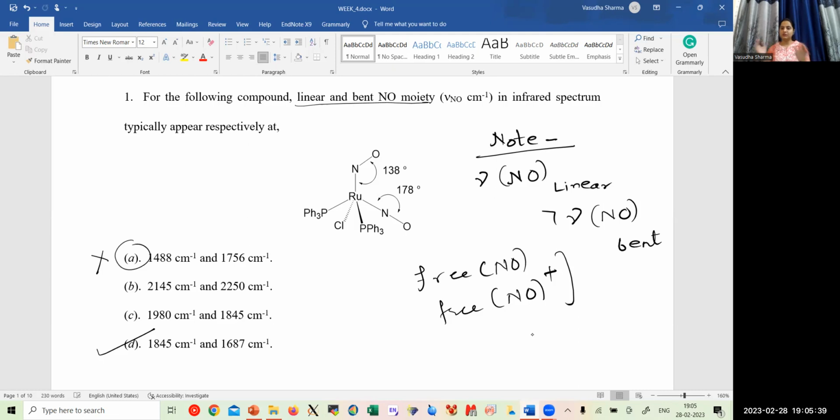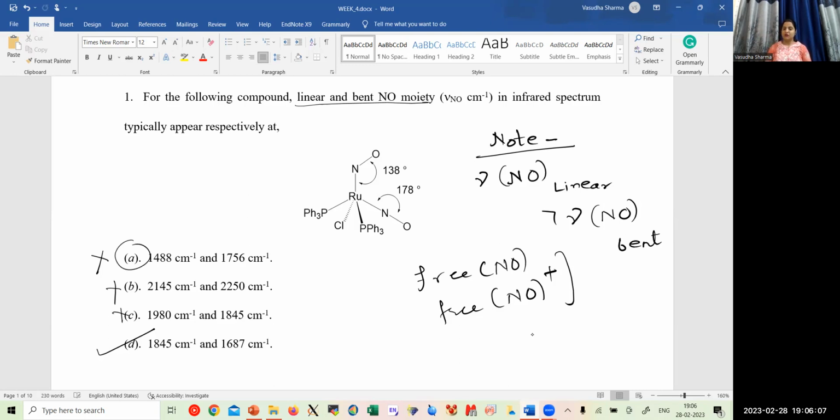In mostly all types of cyclopentadienyl metal nitrosyl compounds, the maximum range for linear went up to the 1800s. It never crossed 1900 or 2000. That is why we eliminated options B and C, which belong to free NO or free nitrosonium, and we ended up with 1845 and 1687 for linear and bent.